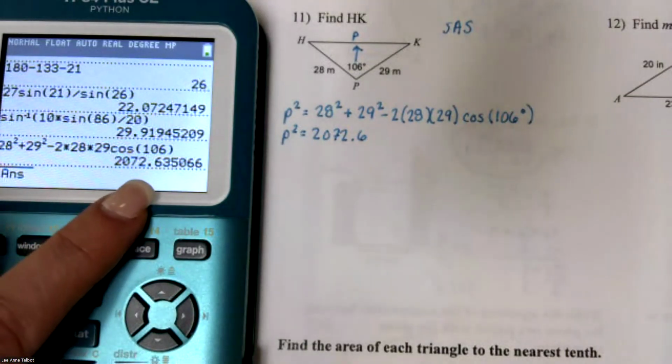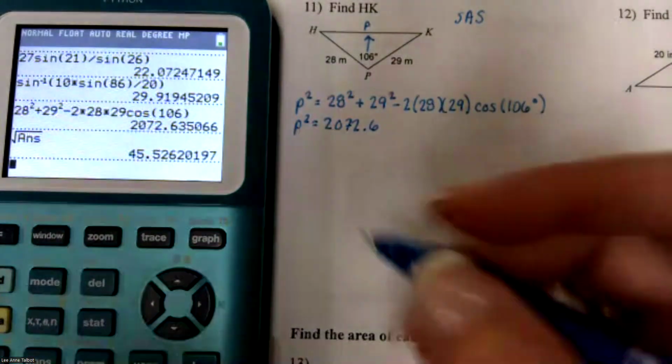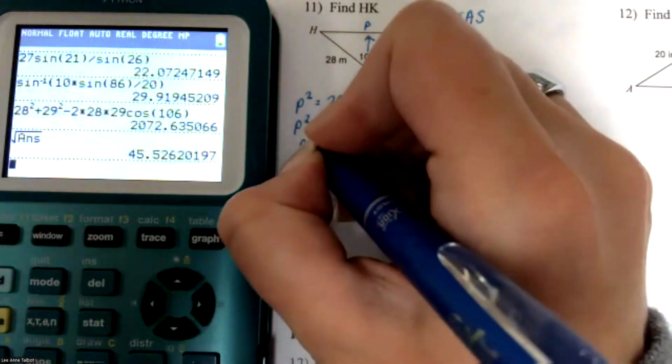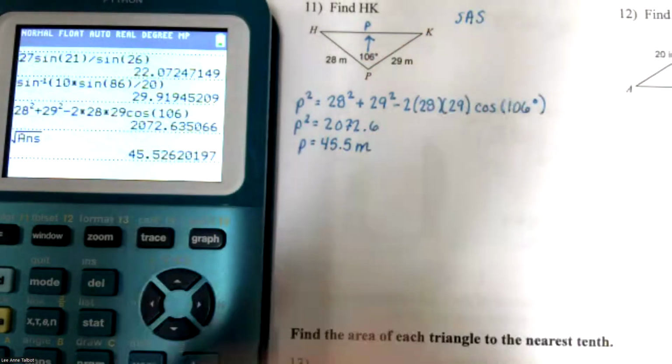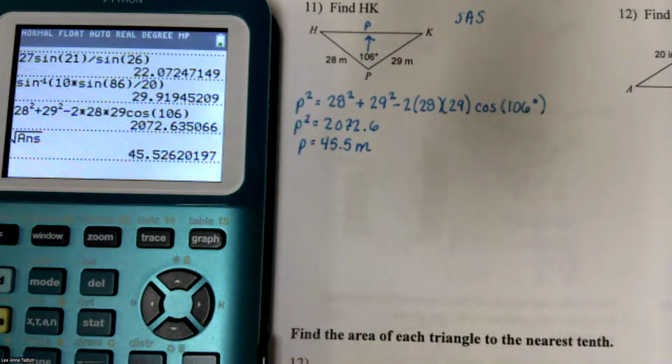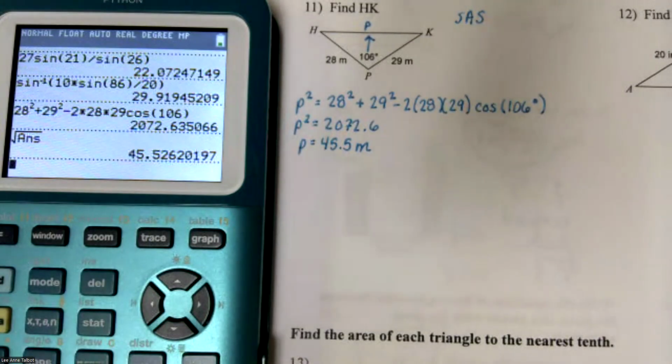But again, I don't round in the calculator. 45.5 meters. Wow, I gave you a lot of space for that problem.